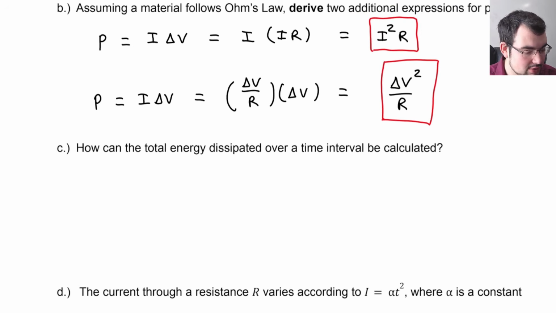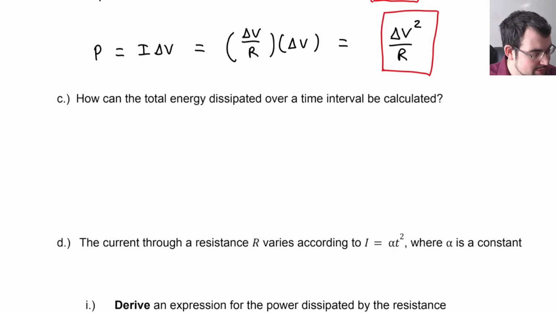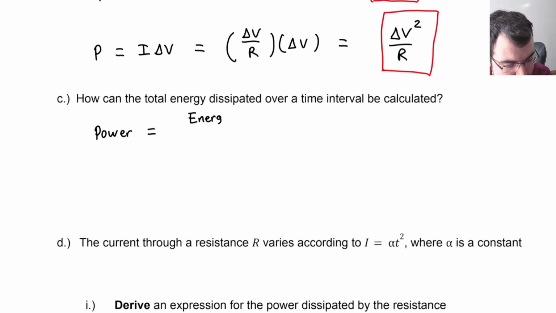So how can the total energy dissipated over a time interval be calculated? Well, we know that power is equal to energy divided by time.